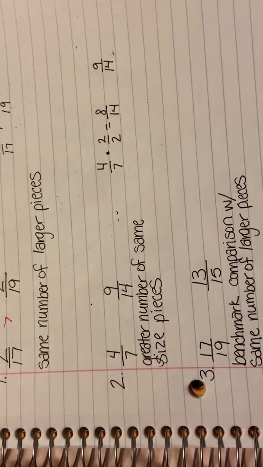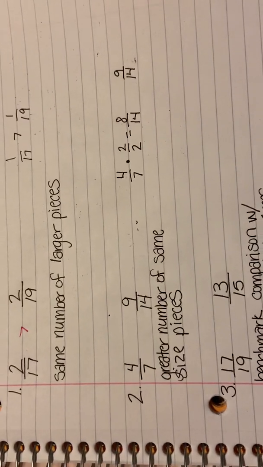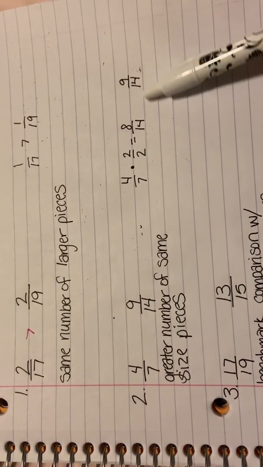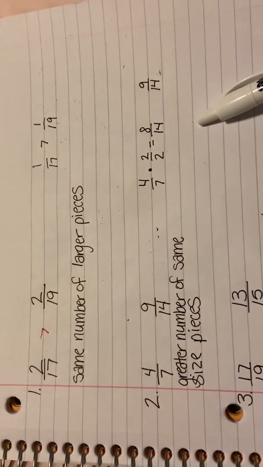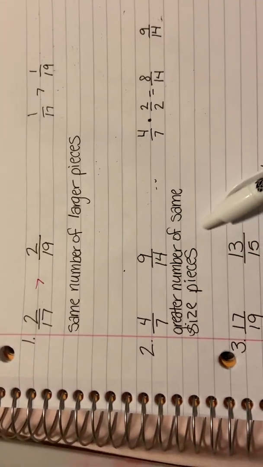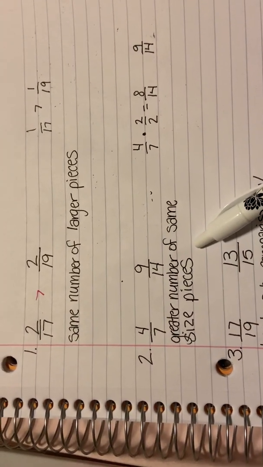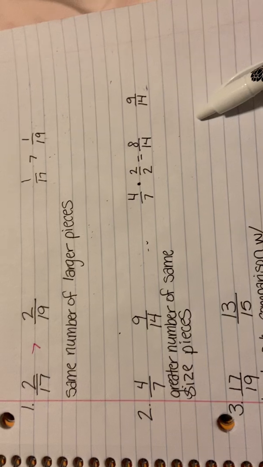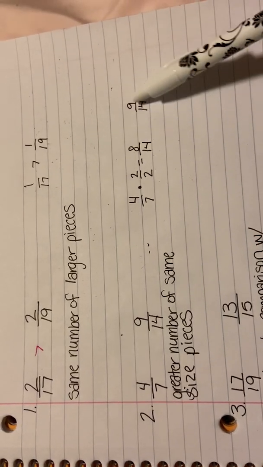Now both of our fractions have the same size of pieces, which we can tell by the denominator, as we said up above. So we know to use the greater number of same size pieces method. We are now comparing the numerators 8 and 9.